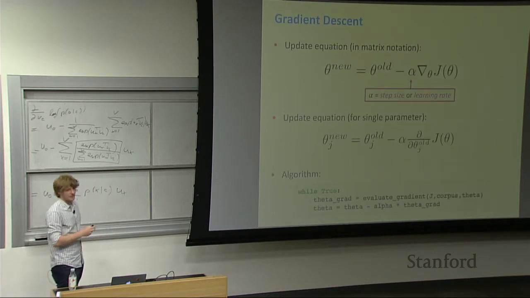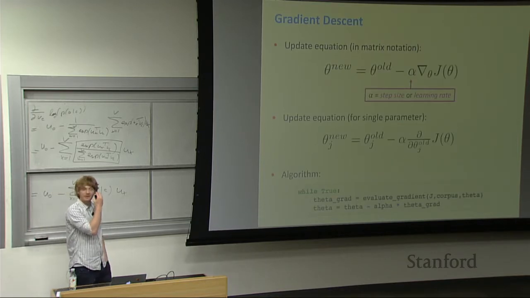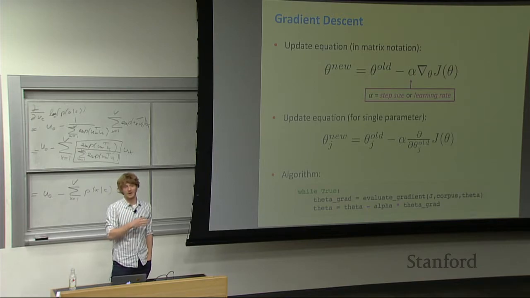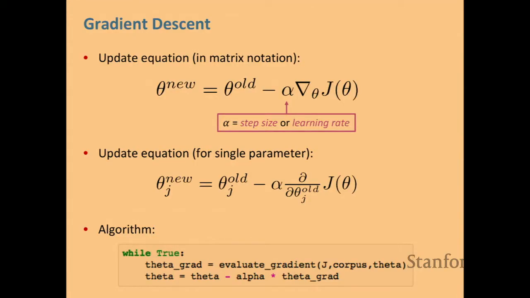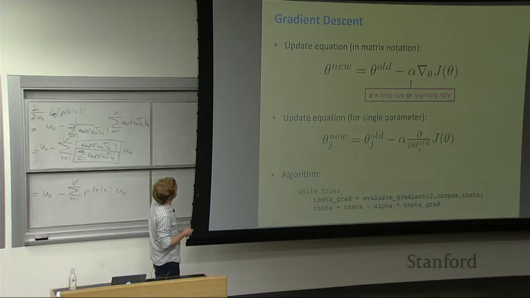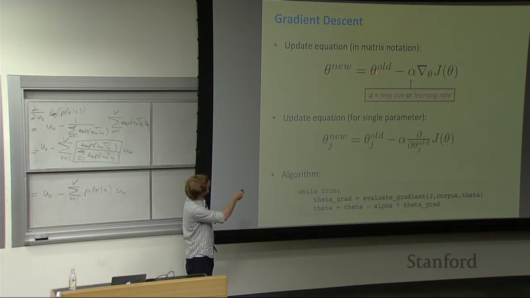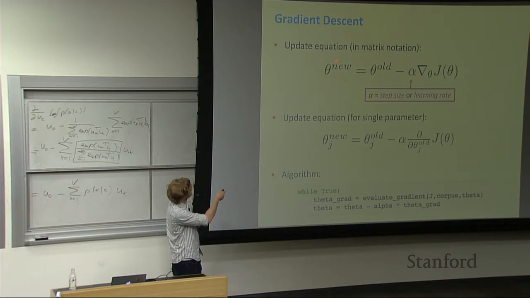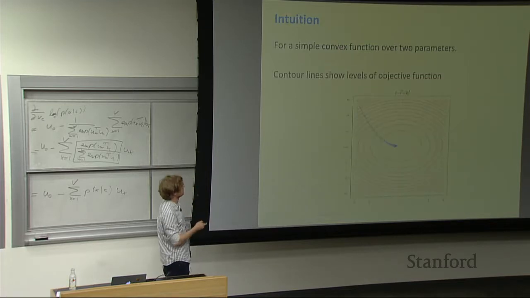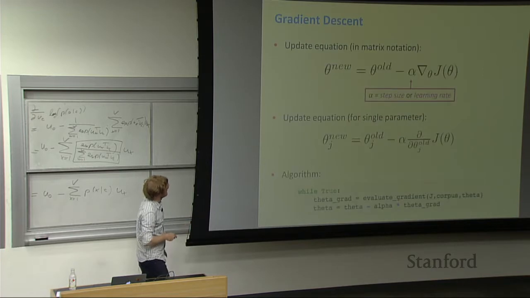All right, so now in gradient descent, we'll have to think a little bit about this computationally as well as mathematically. The update equation for overall gradient descent is we want to compute our new set of parameters: take the old ones, minus our step size times that gradient. And we take all these little steps one at a time.